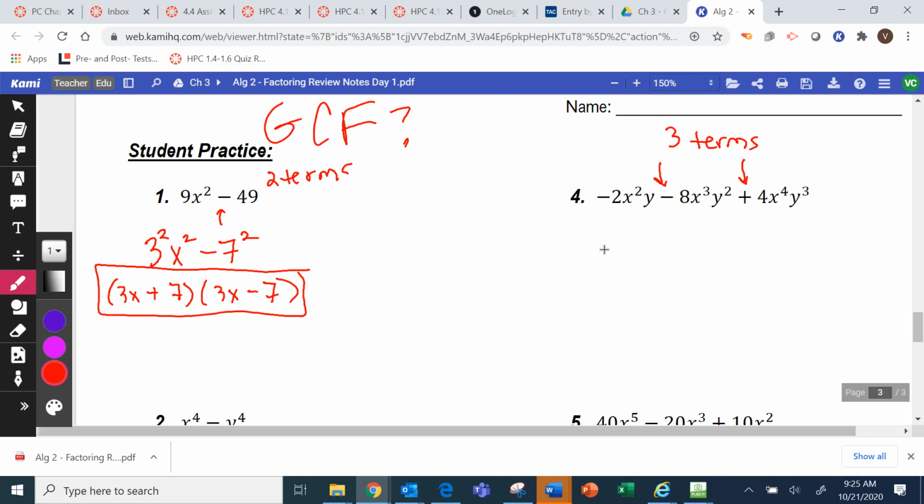Jenna, you know I'm talking to you? Okay. Huh? Jenna, what is our first step of factoring always? Talking about factoring, what is our first step always?